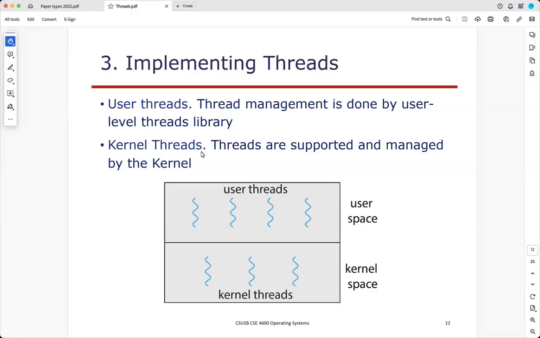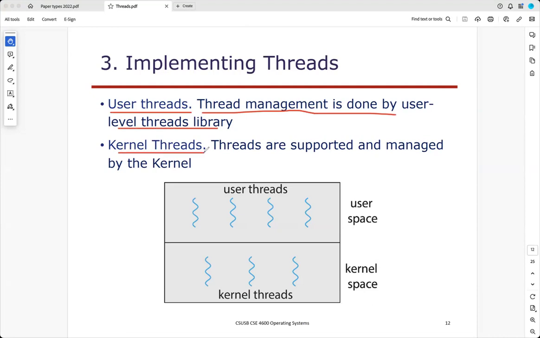The support for thread may be provided either at user level for user thread or by the kernel for kernel thread. User thread means thread management is done by user-level thread libraries.